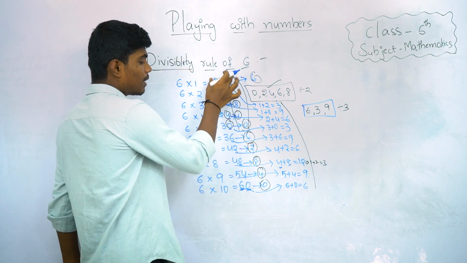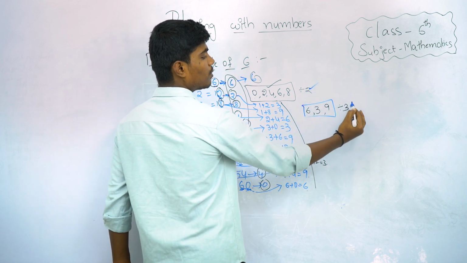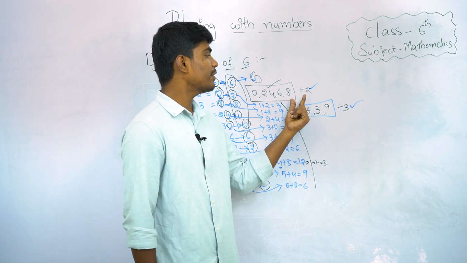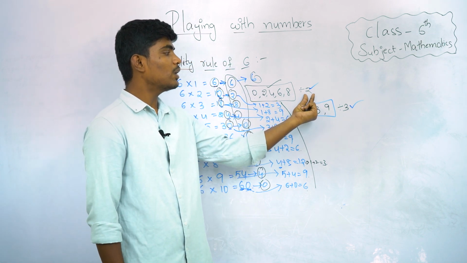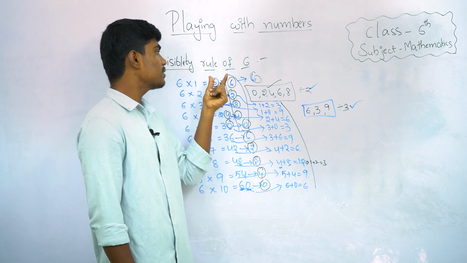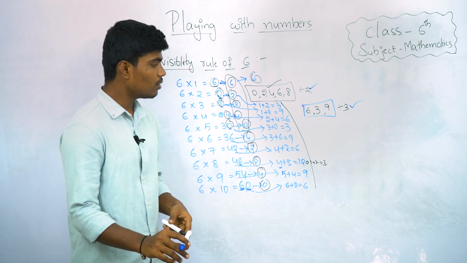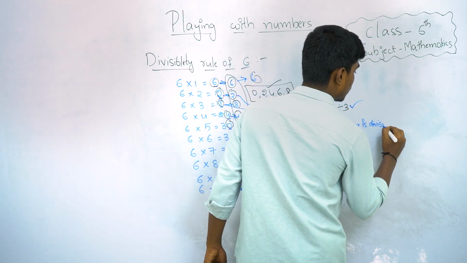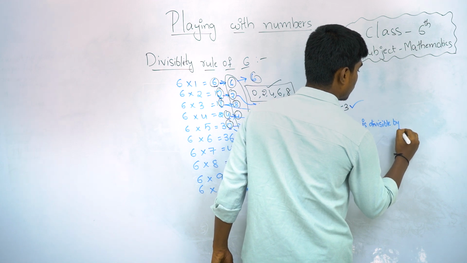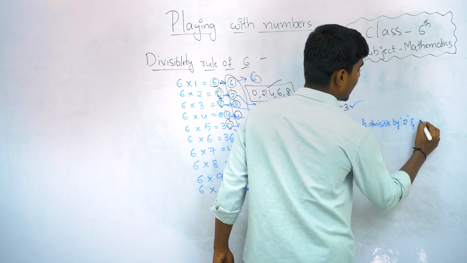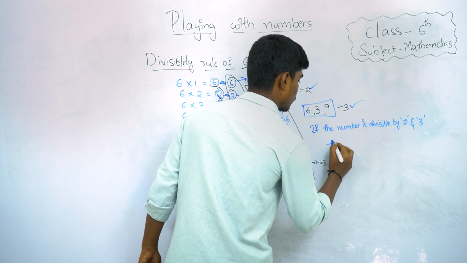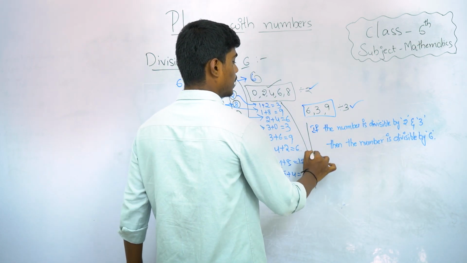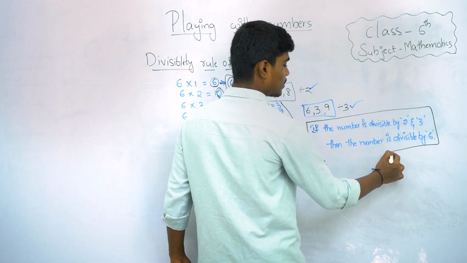Here, if you observe, the multiples are divisible by 2 and divisible by 3. So, what can we observe? If the number is divisible by 2 and 3, then the number is divisible by 6. So, what is the divisibility rule of 6?